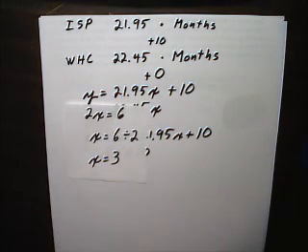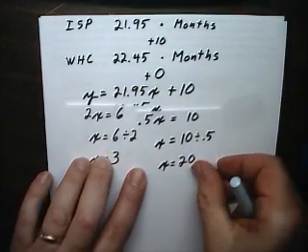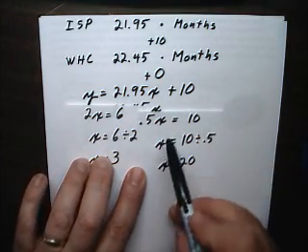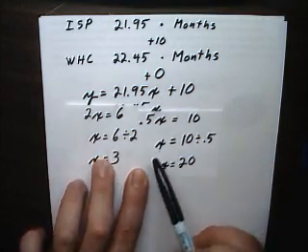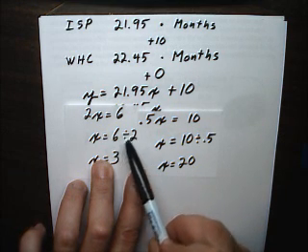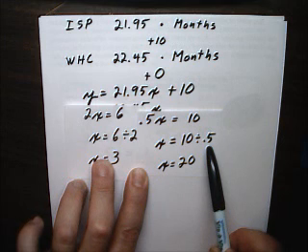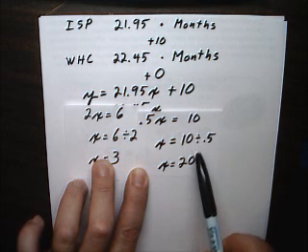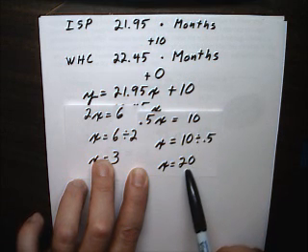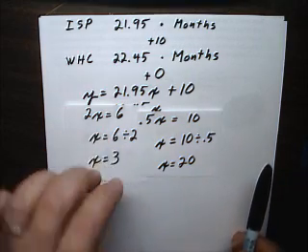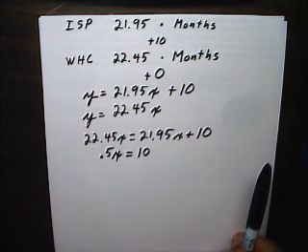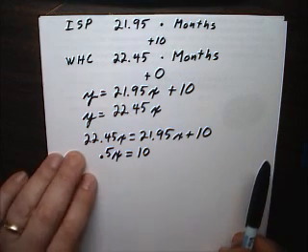Well, similarly, with 0.5x equals 10, the same way we had 6 divided by 2 here, we're going to have 10 divided by 0.5 here. And 10 divided by 0.5 is 20. And if you don't believe me, do it on a calculator. You'll see that 10 divided by 0.5 is 20.